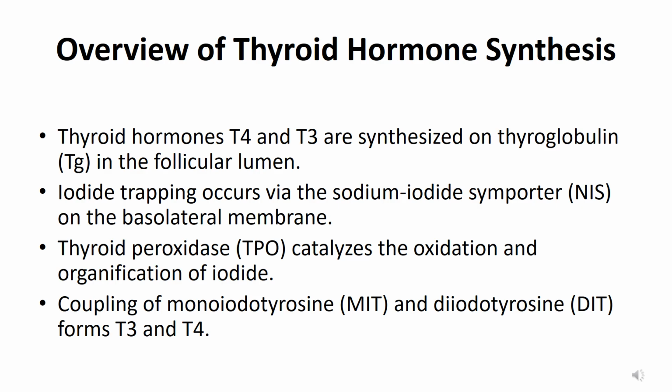When stimulated by thyroid-stimulating hormone, or TSH, the follicular cells take up thyroglobulin from the colloid and break it down inside lysosomes. This releases free T3 and T4 into the bloodstream. Once released, thyroid hormones regulate metabolism, growth, oxygen consumption, heat production, and many other vital body functions.